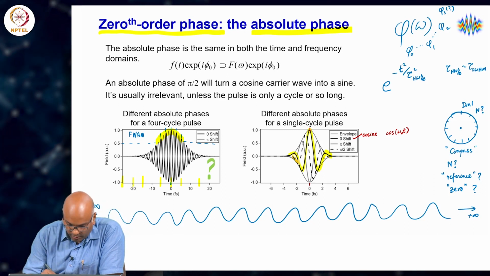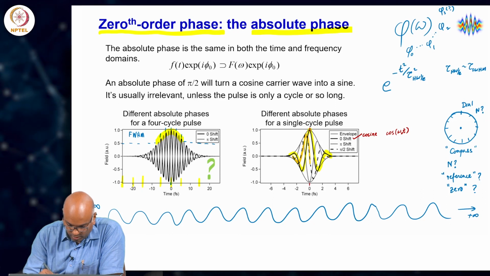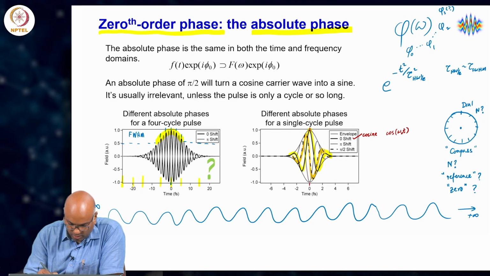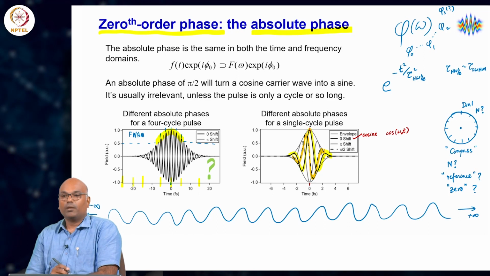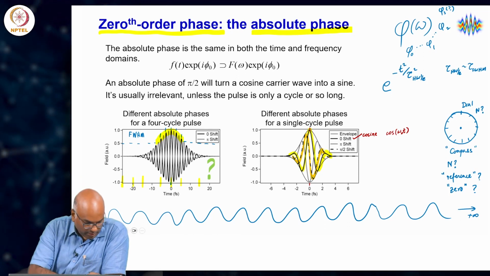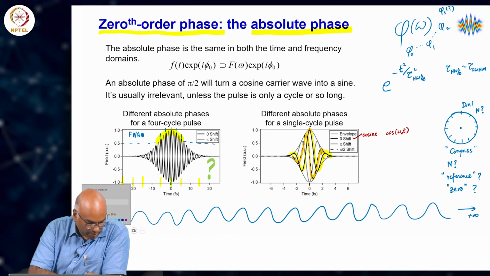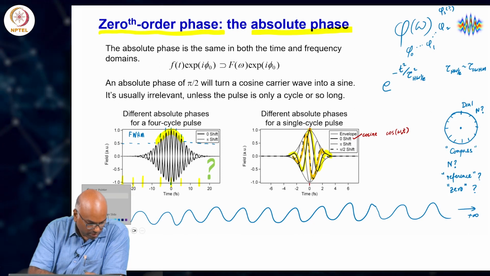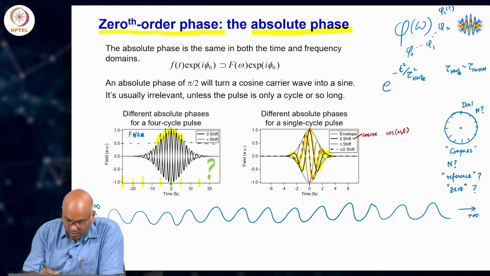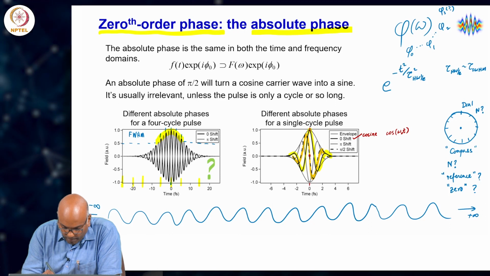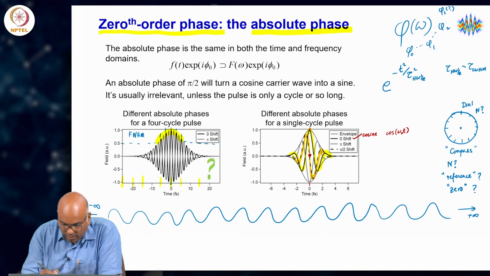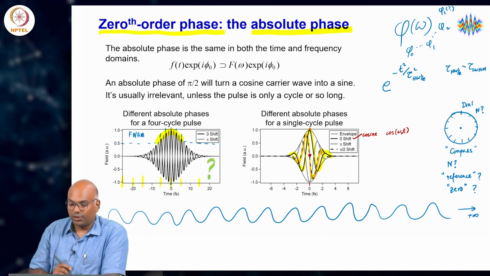That's the dotted line. What is the feature of the dotted line? The feature of this dotted line is the fact that at t equal to 0, there is a 0 crossing of the field.